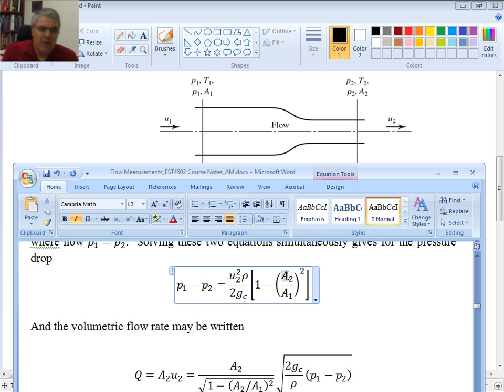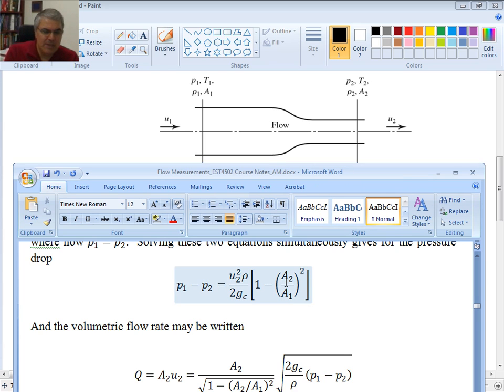Now, what if this ratio is smaller than 1? For the ratio to be smaller than 1, A1 must be greater than A2, as in our case. A2 is smaller than A1, so the ratio is less than 1.